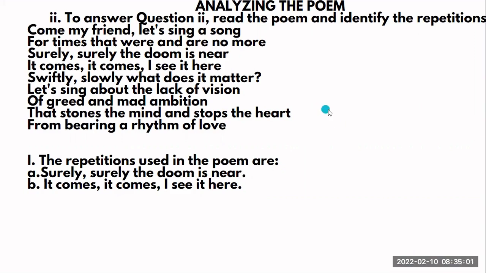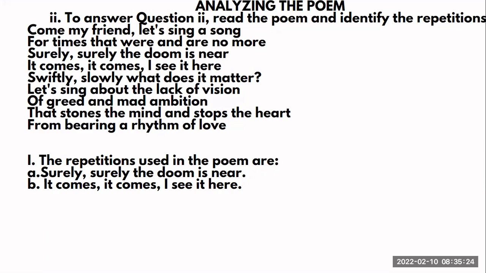So to answer question II, read the poem and identify the repetitions. You can see the simple procedure when we were solving question number I, bringing out the themes. I told you that the procedure is to read the poem and identify the themes.